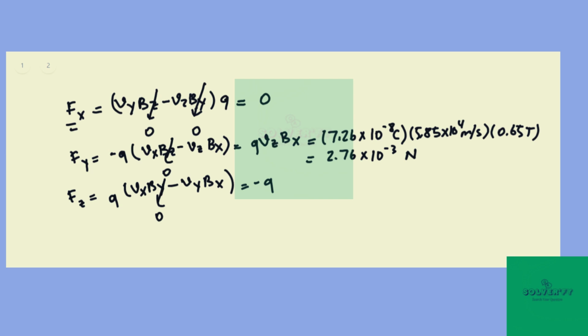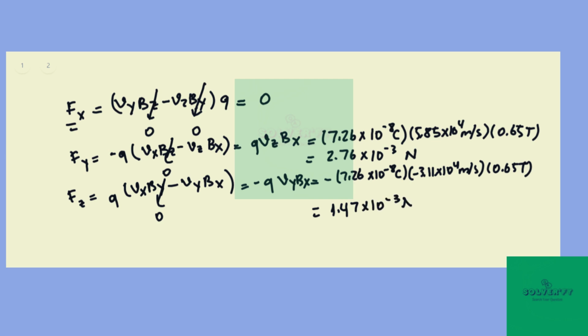We're left with only the second term times Q. Negative Q Vy Bx would then be negative 7.26 times 10 to the power negative 8 coulombs, times negative 3.11 times 10 to the power 4 meters per second, times 0.65 Tesla. Then we find the z component of the force to be 1.47 times 10 to the power negative 3 newtons.